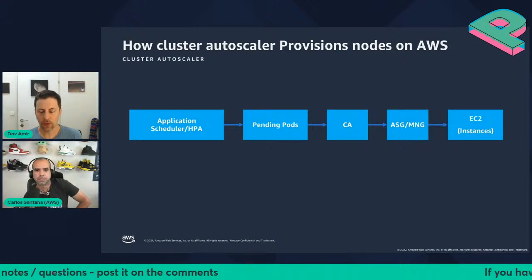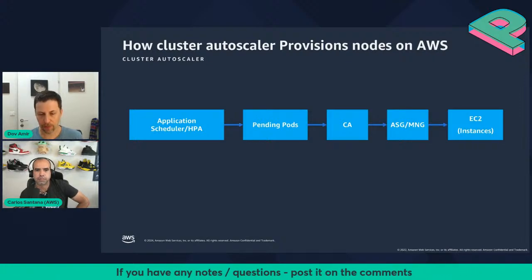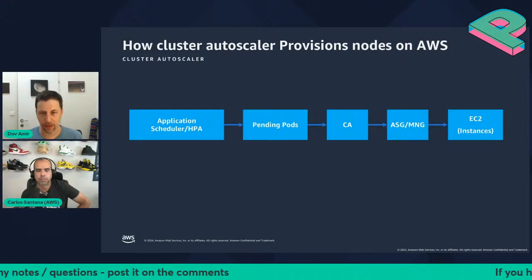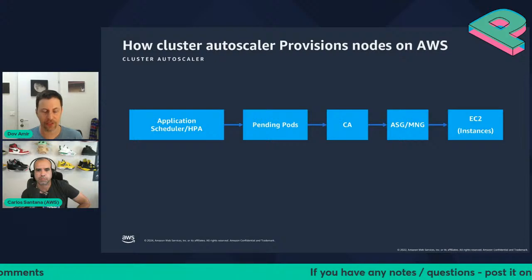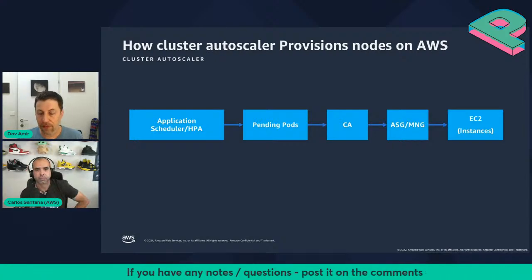Sure. So cluster autoscaler works with an abstraction called managed node groups. You need to specify a managed node group, and a managed node group is a group of instances that can scale up and down. It has an autoscaling group behind the scenes, and it's composed of instances of a certain type.